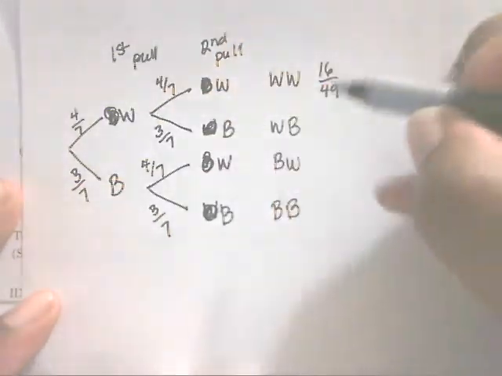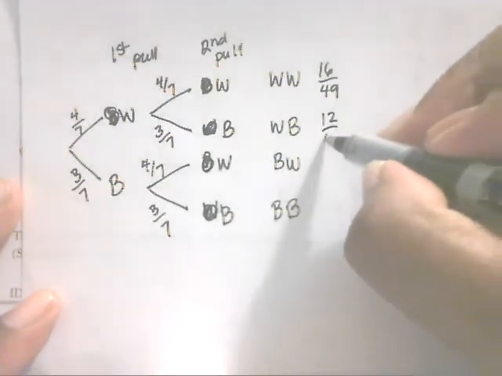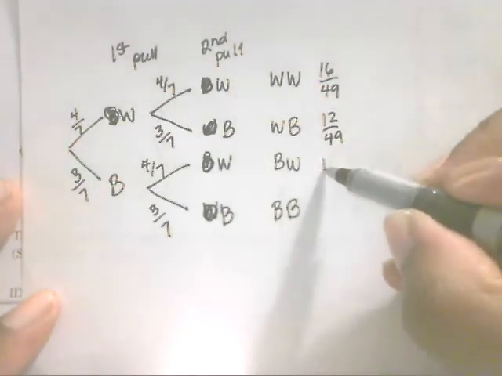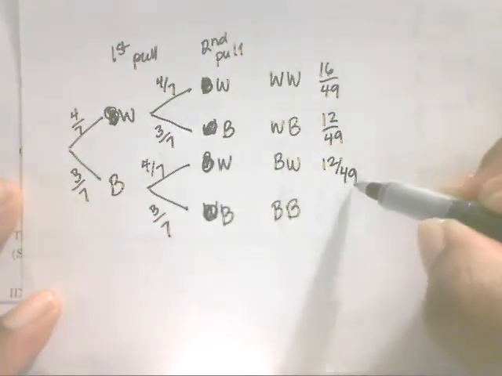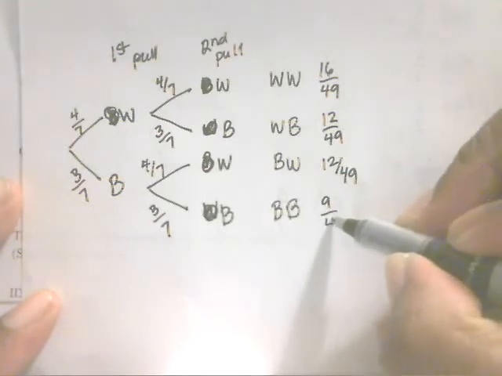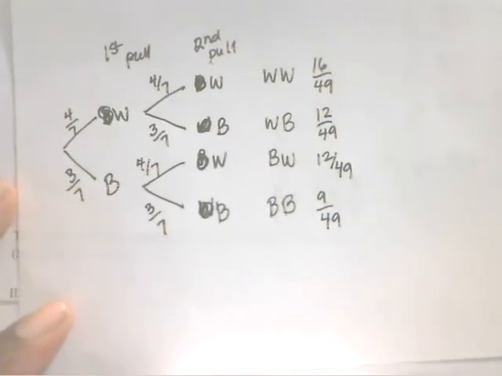Then 4/7 times 3/7 is 12/49, and 3/7 times 4/7 is again 12/49. For black and black, 3/7 times 3/7 is 9/49.